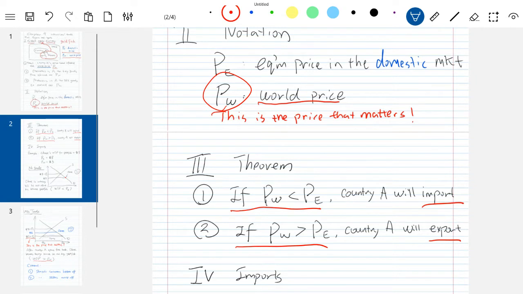So nobody is going to care about PE anymore. Put differently, you can think of PW as some sort of price control after country A opens free trade, in the sense that the equilibrium price will be forced to change from PE to PW.